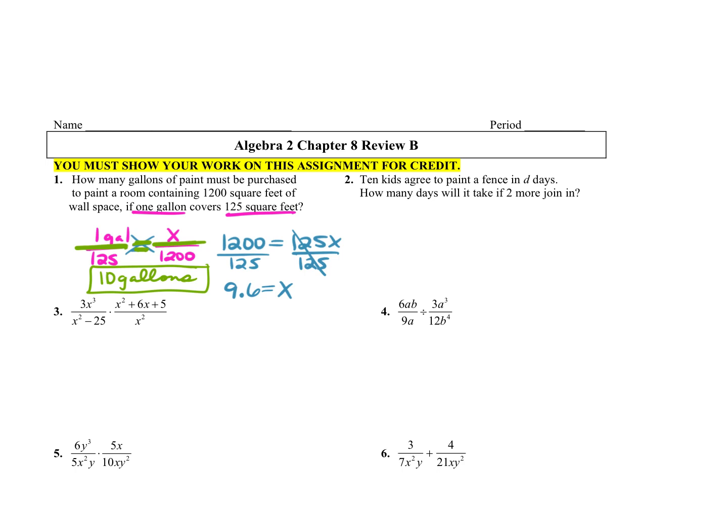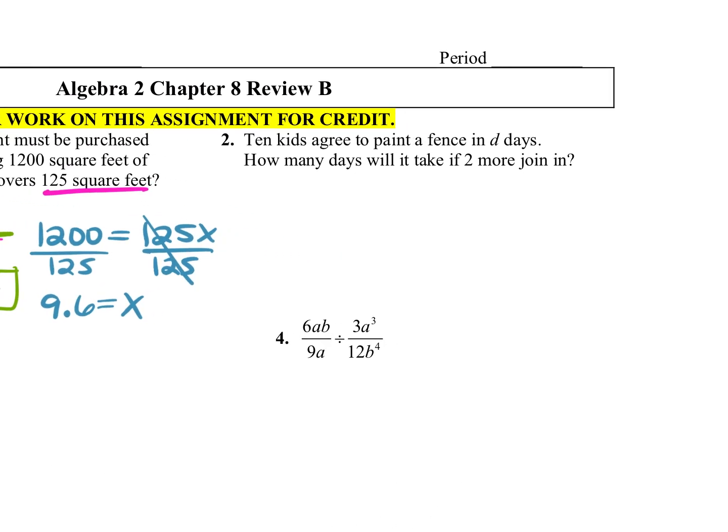Okay, number 2. It says 10 kids agree to paint a fence in D days. How many days will it take if 2 more join in? So assuming that 2 more doesn't mean more distraction, if you have more people painting, is it going to take more days or less days? Less. Should take less days, okay? So that's inverse variation.